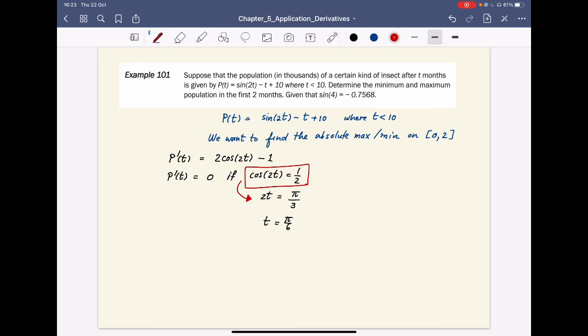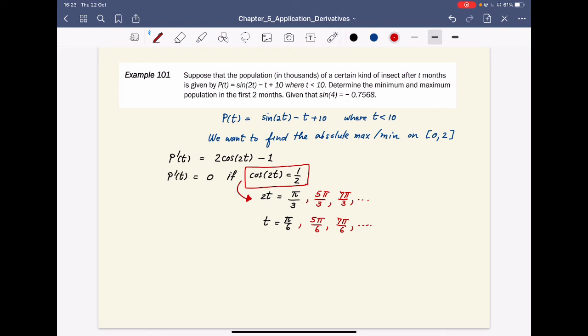So actually, you have pi over 3, and because cosine is positive in quadrant 1 and quadrant 4, the next one is 5 pi over 3, and the next one is going to be 7 pi over 3, and so on. So when you divide by 2, this is going to be 5 pi over 6, and then 7 pi over 6, and so on.